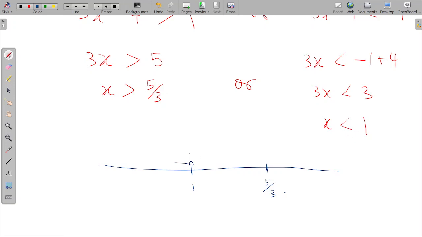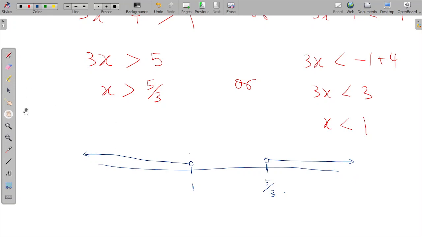This is x less than 1, and this is x greater than 5 over 3. This is the part for x greater than 5 over 3, while this is the part for x less than 1.